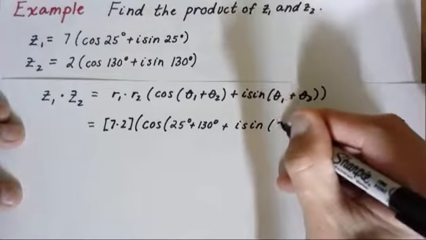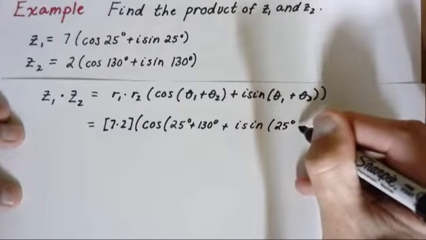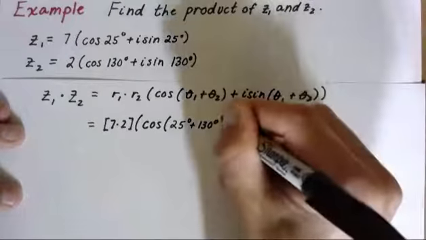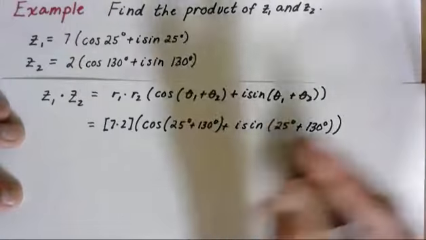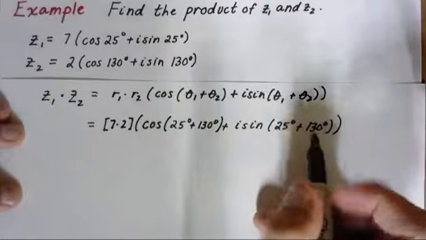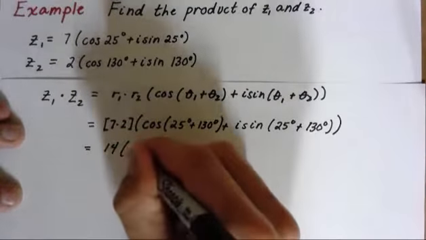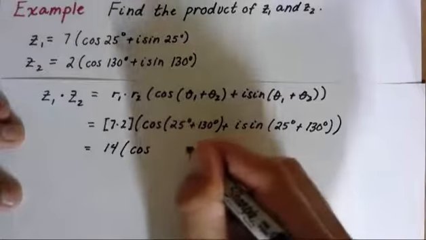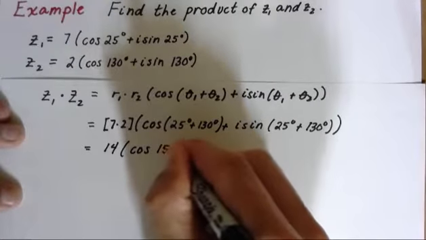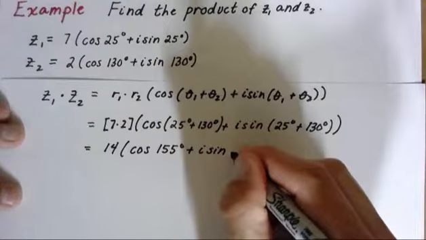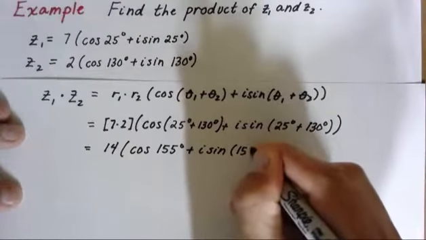But I'm going to leave this one in just polar form. Notice how this and this are the same. So we're going to end up with 14 times cosine of 155 degrees plus i sine of 155 degrees.